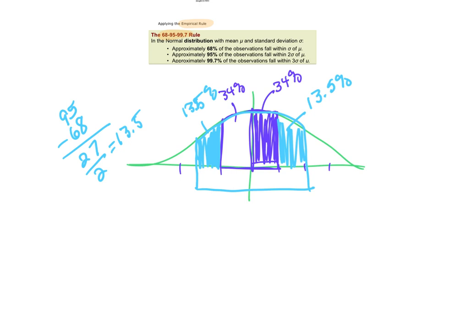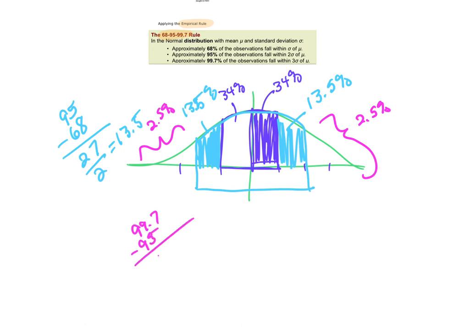Think about the fact that we know this full amount, those 2 slices together on each end, are 2.5%. That's helpful to know, but we also need to break it down into the two parts, right? So those last 2 parts together is the 2.5%. But let's do the math again. If we do 99.7 minus 95, then we get 4.7, right?